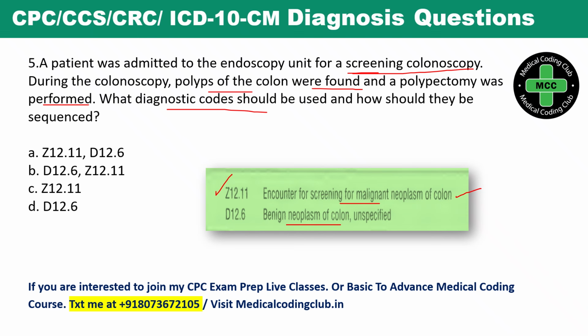So you can eliminate option D and option C, because they have given a single code. Between option A and B, option A is correct because the primary diagnosis should be the reason for encounter, that is screening colonoscopy. Option A is correct and option B is incorrect.